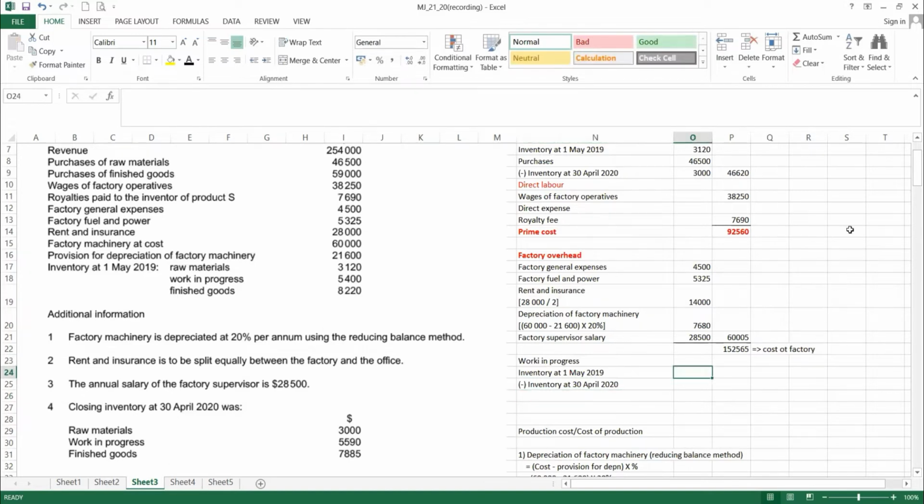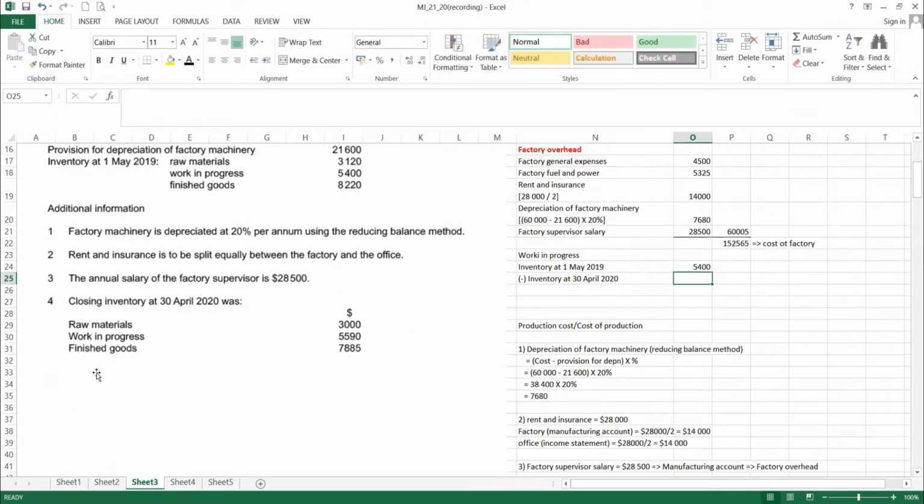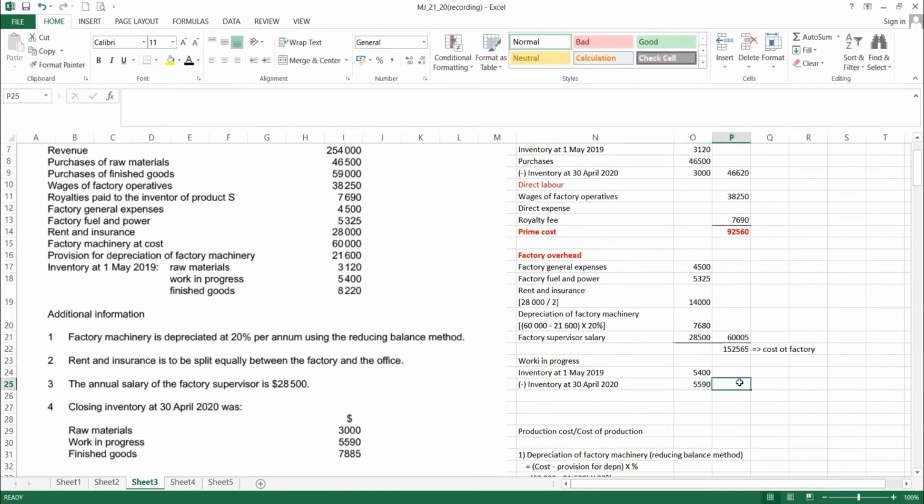Opening we plus, so the amount 5400 and closing 5590 we minus. So we take opening minus closing. And now you notice that here I get negative. In exam, don't put negative in front. Put bracket 190. This bracket indicates a minus, a minus that you need to deduct.